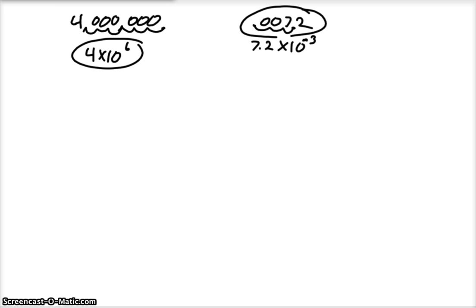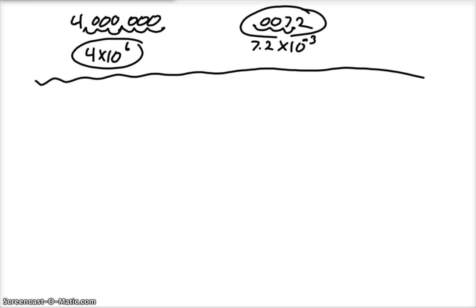Last thing, and this is kind of going with the example at the bottom. If you remember what happens when we multiply exponents, it's going to work the same way with our scientific notation. So here's the example.